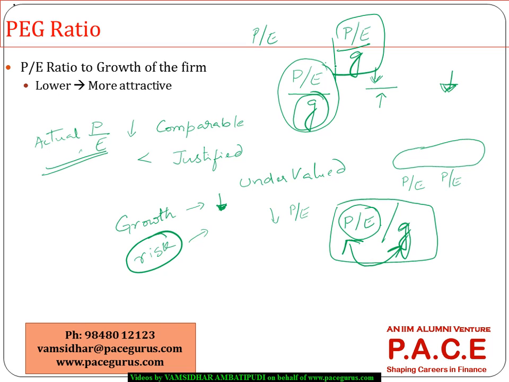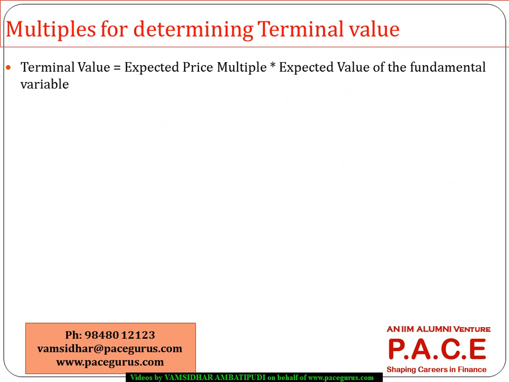And then we see that the multiples are used even in the computation of the terminal values, especially as a part of our multi-stage dividend distribution model or multi-stage free cash flow based models.